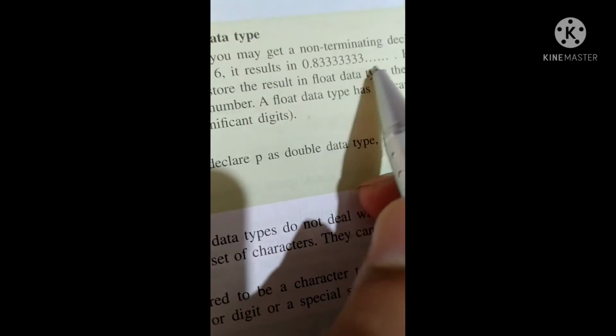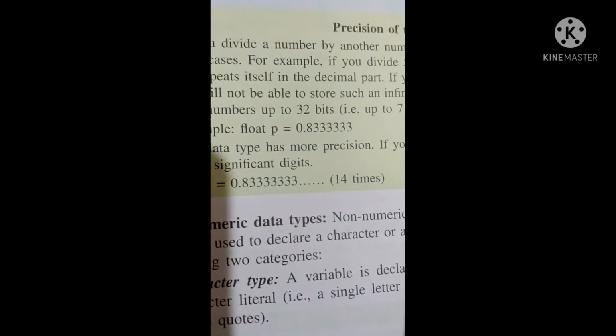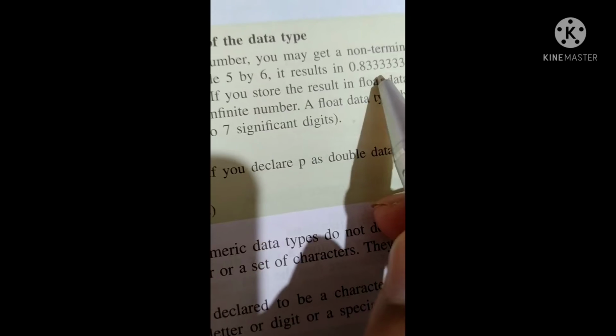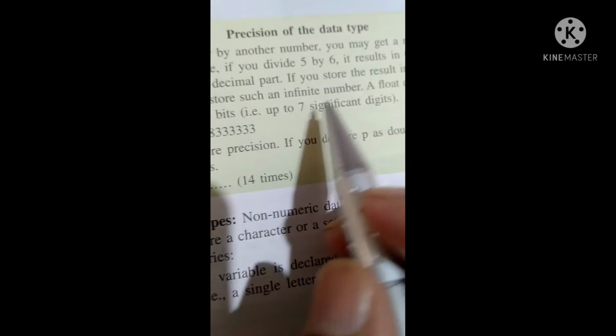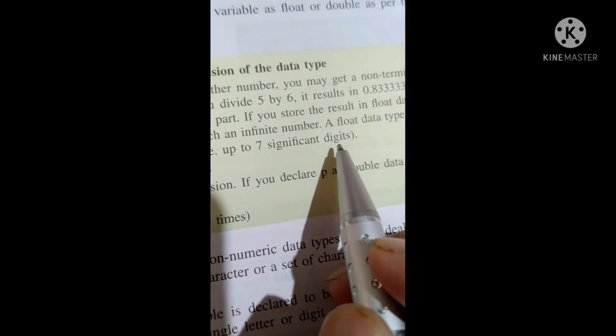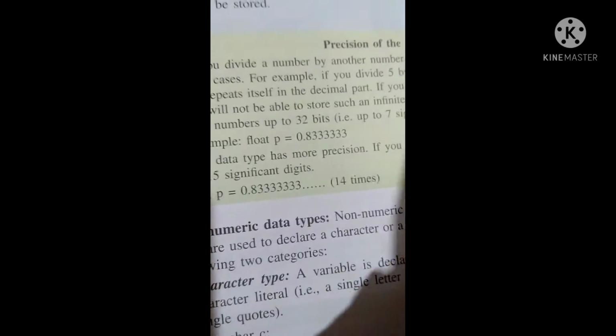So that's why we will not get an accurate result. If you are declaring this under float, a float data type has the capacity to store numbers up to 32 bits only. So up to 7 significant digits it will show you. Only 7 significant digits.